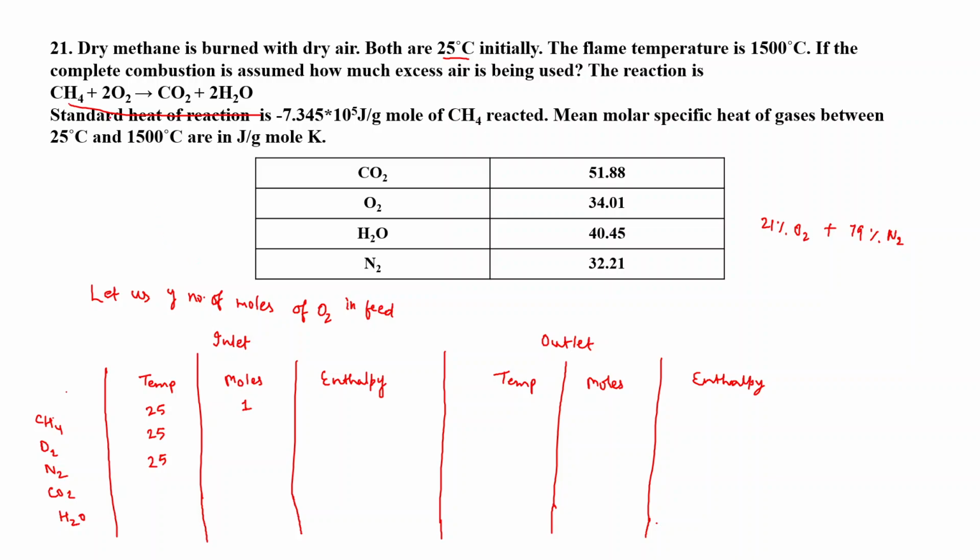Let us take 1 mole of methane in the feed and Y moles of oxygen. If 21 moles of oxygen contain 79 moles of nitrogen in air, then Y moles of oxygen will contain 3.76 Y moles of nitrogen. So 3.76 Y moles of nitrogen are present in the inlet. The enthalpy of all the reactants will be zero. The outlet temperature is 1500.